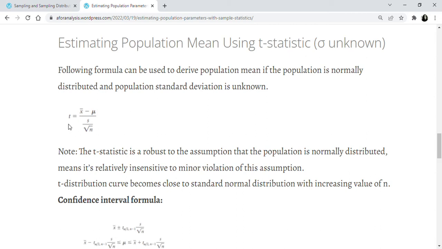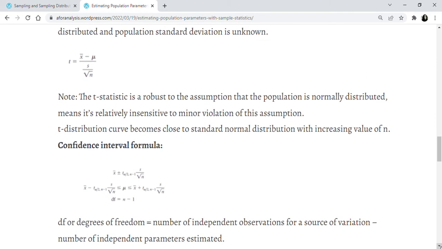I have already explained in a different video how to get the t-score, but the formula looks something like this, and from this formula again we can derive the population mean and a confidence interval formula as well. The t-statistic is actually very robust to the assumption that the population is normally distributed, meaning that it's relatively insensitive to minor violations of the assumption.